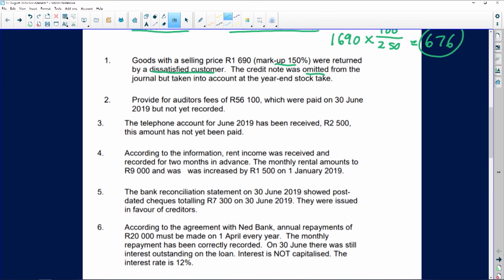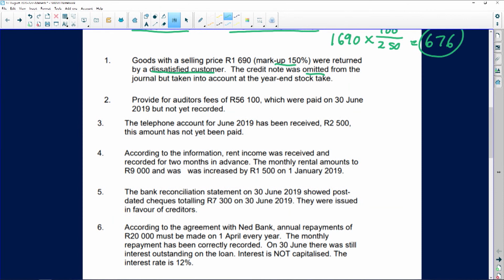Let's now move on to adjustment 2, and then we'll think of a break. Adjustment 2, provide for auditors fees of 56,100 Rand, which was paid on the 30th of June 2019, but not yet recorded. So guys, this adjustment is quite a sneaky adjustment. Why am I saying sneaky?